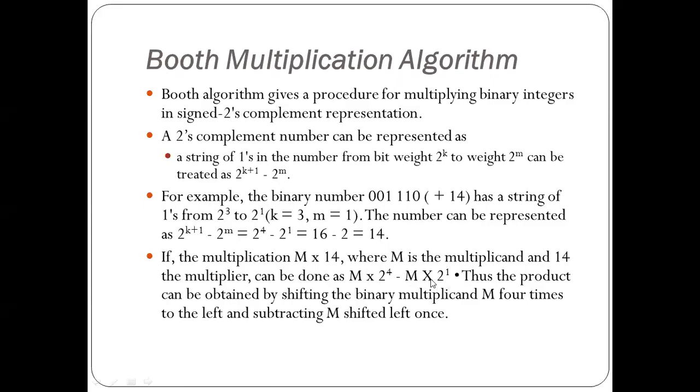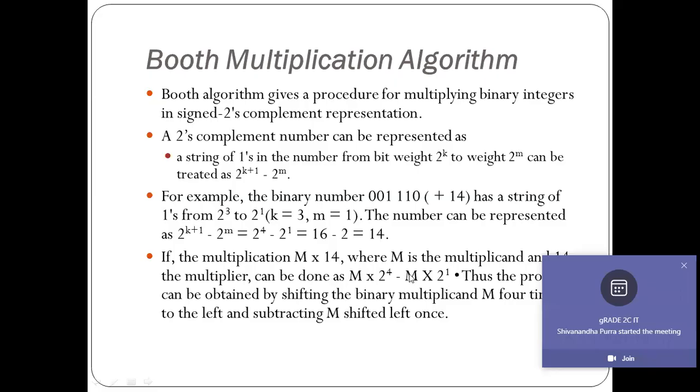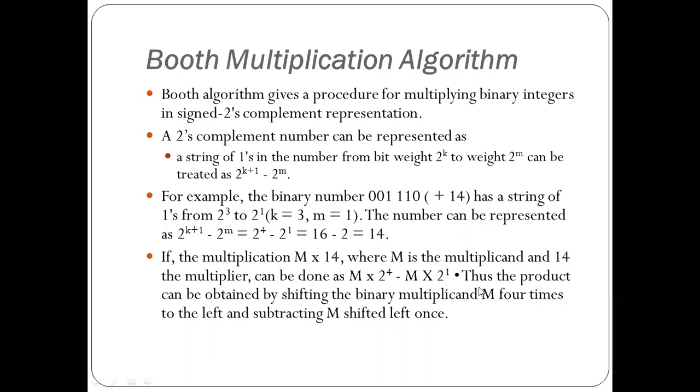So this product can be obtained as simply as shifting the multiplicand left by 1 bit, because the power of 2 is 1, and shifting the multiplicand left by 4 bits. I'll get these two different terms, perform this plus and minus operation, and then I'll get the total product. Okay. So this is the simple procedure that we are following.